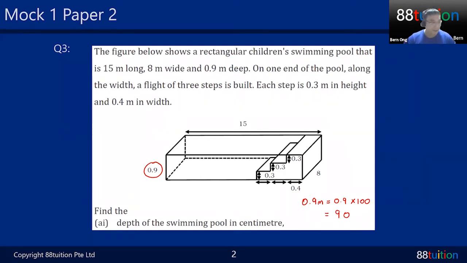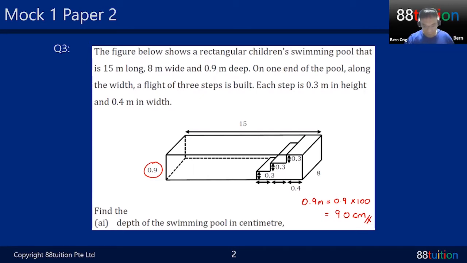Oh yeah, 90 centimeter. Is that okay? Understand that meters to centimeter is times 100. Okay, so moving on.